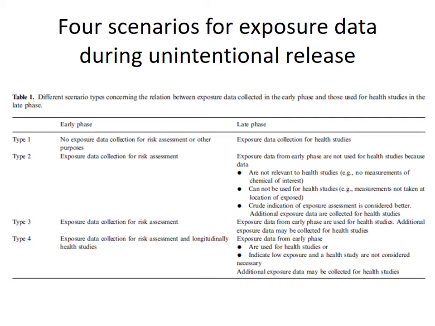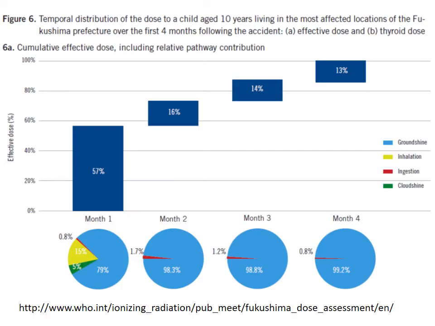If we think about particularly the most recent unintentional release of chemicals into the environment, the Fukushima disaster, in this analysis provided by the WHO, they were attempting to understand the relative contribution of different sources of exposure for an individual or a child under 10 living in the areas most affected. And they looked at, in this graph, effective dose.